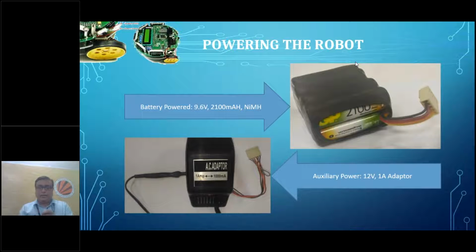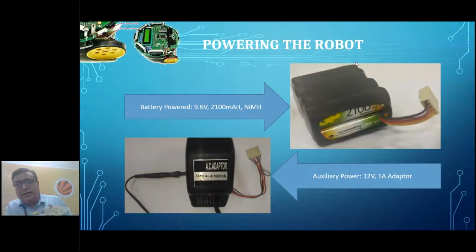So how to give power to the robot? There is the robot in my hand. At the back of this robot, is it visible? I think it is visible to all.